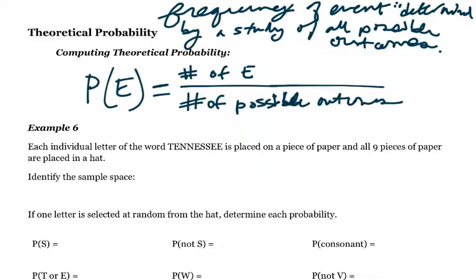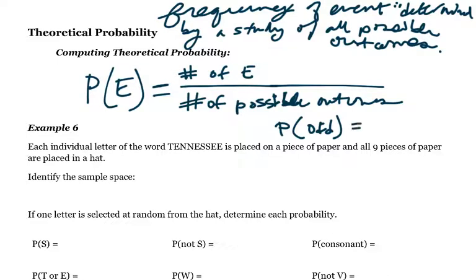So in our die example earlier, we were finding the probability of odd, and we could do an experiment where we roll a die 30 times and write down the list of each roll that we get and then count how many odd ones there are to get the empirical and experimental probability.